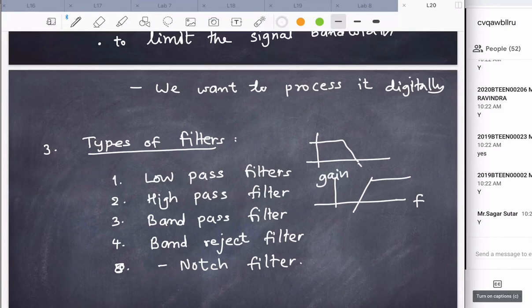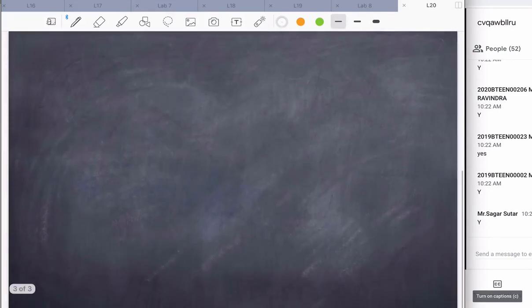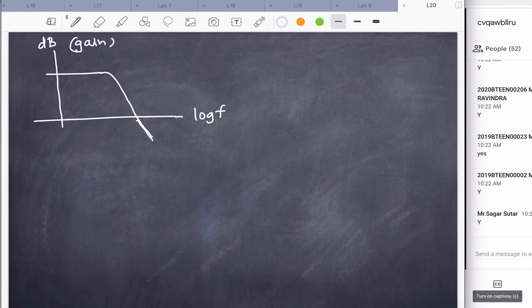Okay. I think I will draw it separately so that it is easier for you to understand. This is log f versus dB of gain.